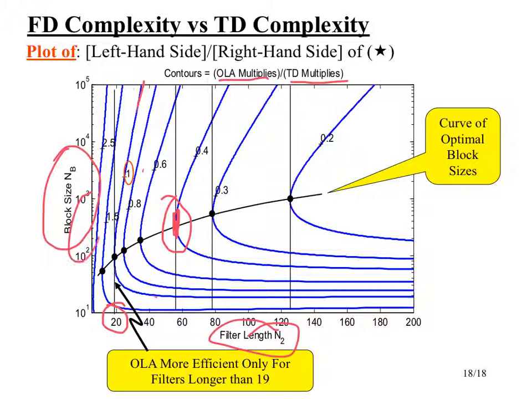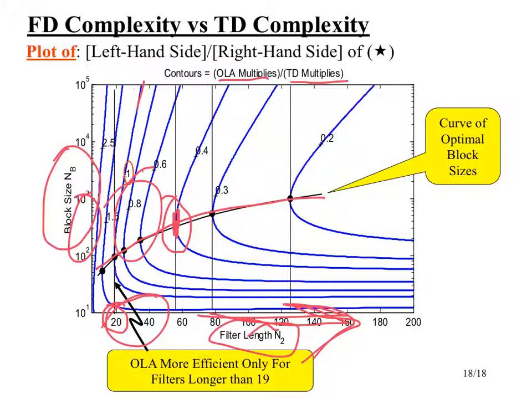And remember, this is on a log scale, so I'm actually going further than you might think when I do that. This curve is showing us the optimal block sizes as our filter length grows. The other thing that we can see is that as our filter length grows, that ratio gets smaller and smaller. It's down around 20, 30.